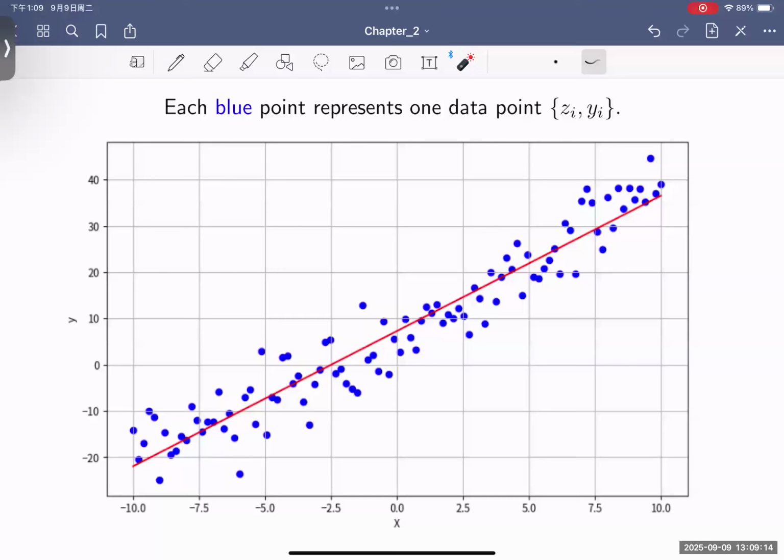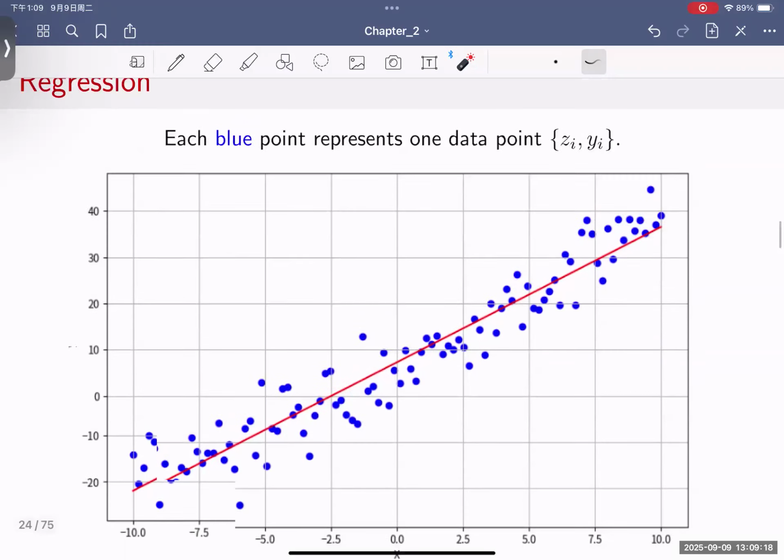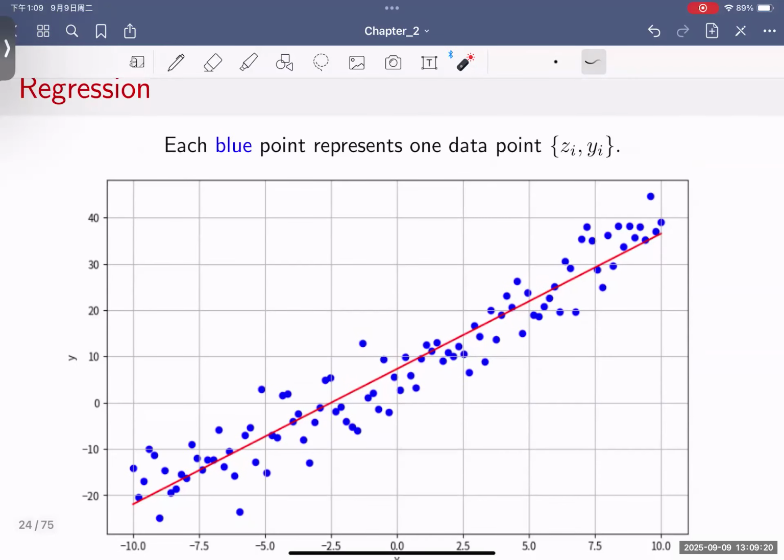Now, based on this data, sometimes we use linear regression. So we suppose it's a straight line, so our data is laid out like a straight line. We assume that maybe the underlying pattern between zi and yi is a linear function.